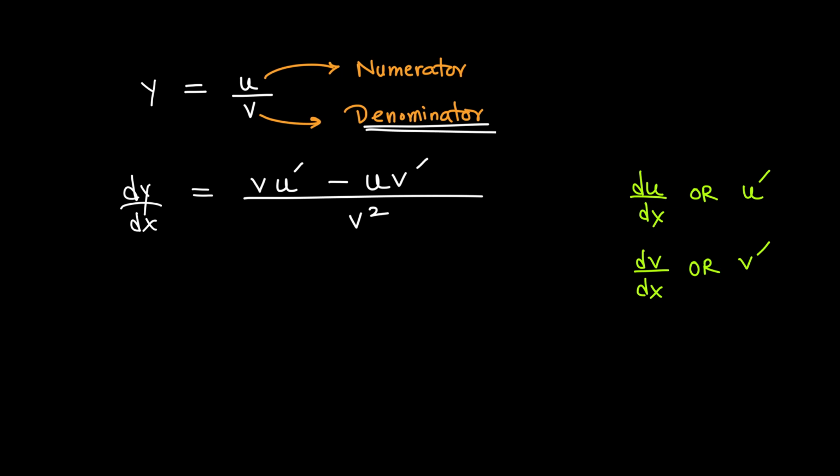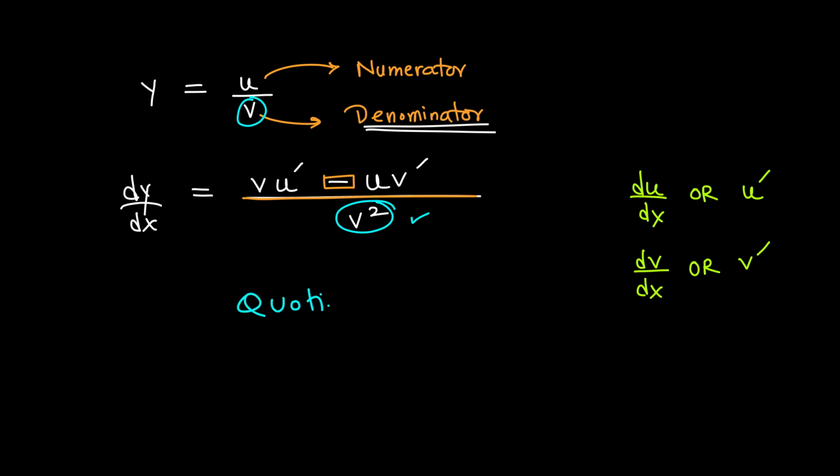So this time there is a negative sign, there is a fraction, there is a denominator. The denominator is v squared and we are starting with v u prime minus u v prime. So that is how the quotient rule will start.